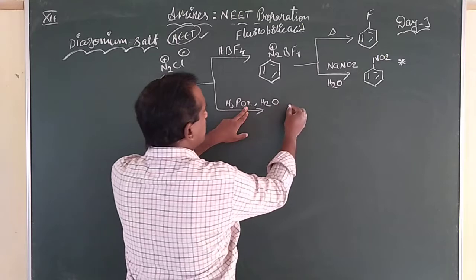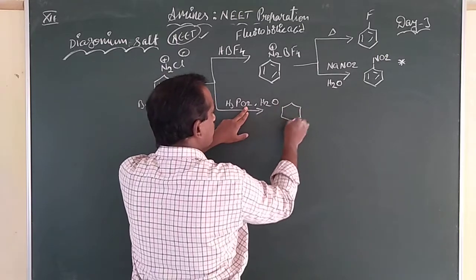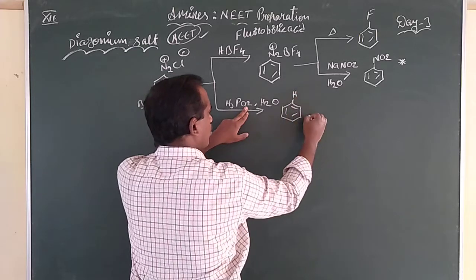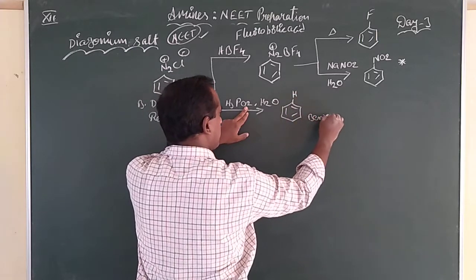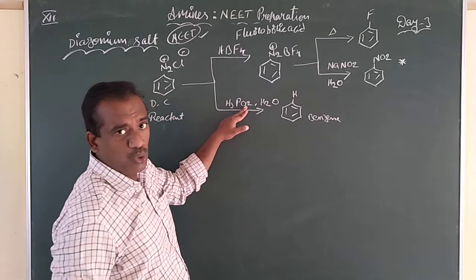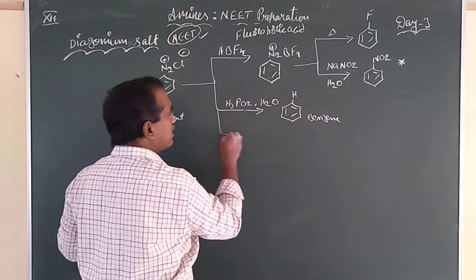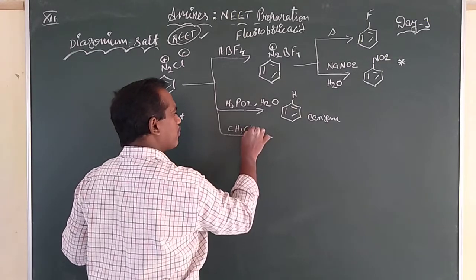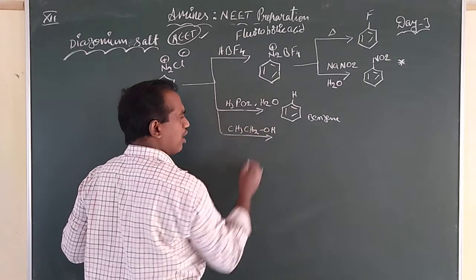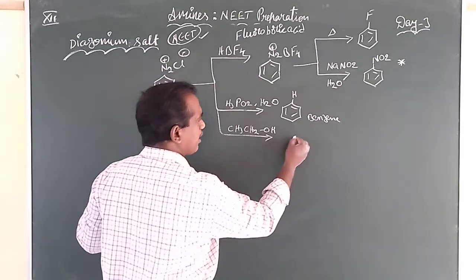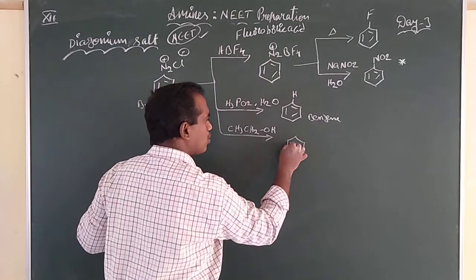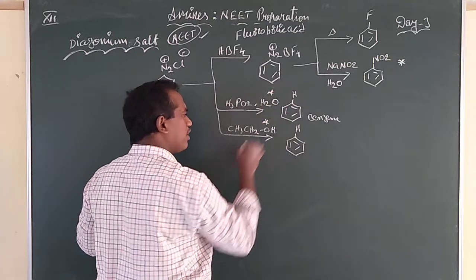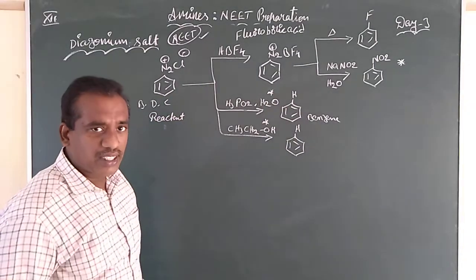Here on the benzene, the diazonium group will be removed and hydrogen will be introduced, meaning it is reducing it into benzene. A similar reaction you can see if you react it with ethanol. In that case also, you will get benzene. These two reactions are very important for JEE Mains.